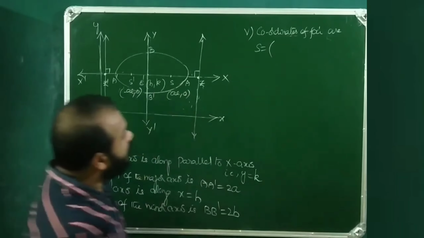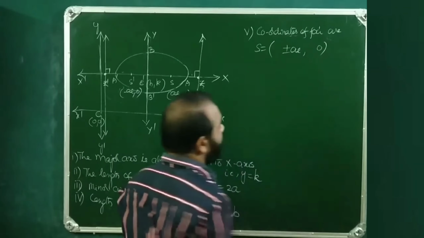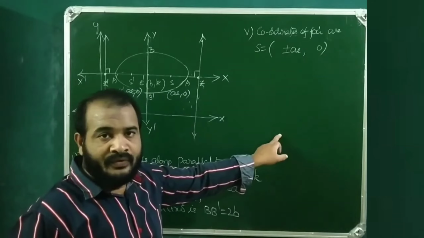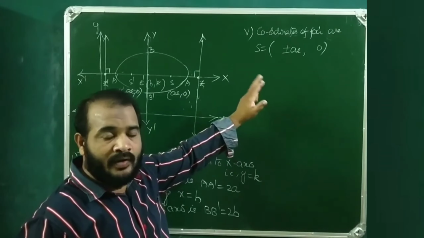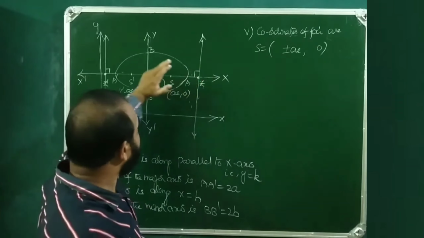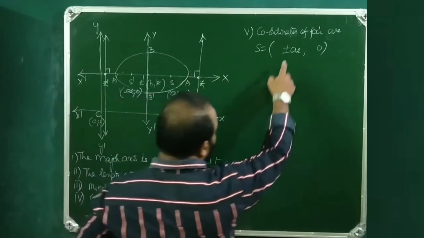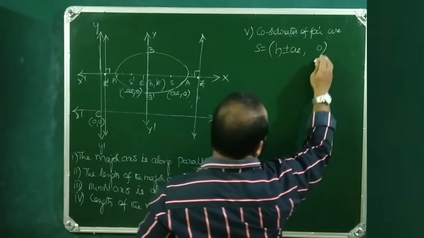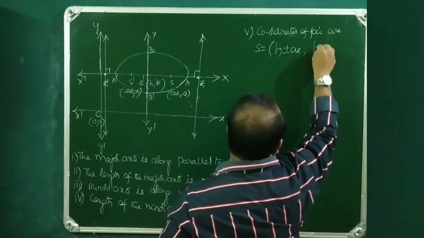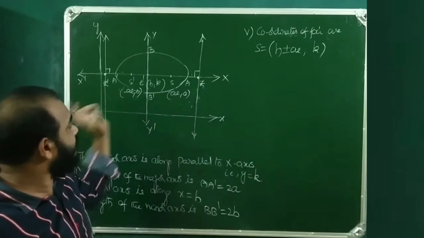So that means plus or minus AE comma 0 were the foci for the ellipse whose center is at the origin. Now here with the x coordinate h will be added, with the 0 k will be added. These are the foci.